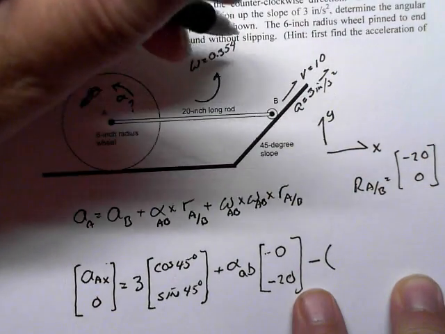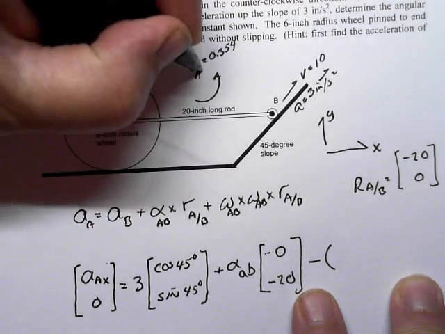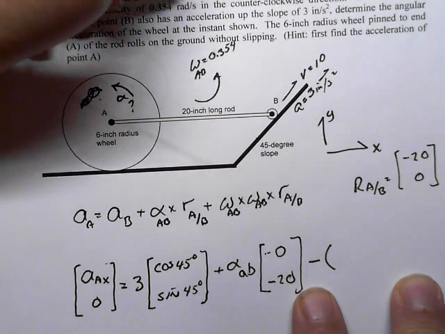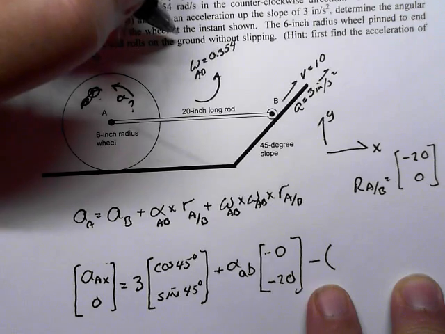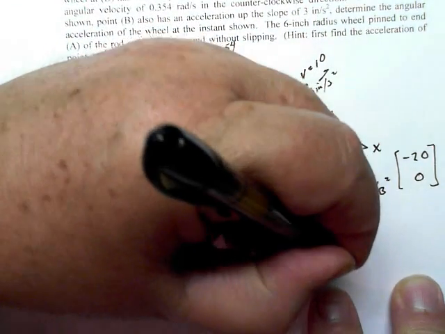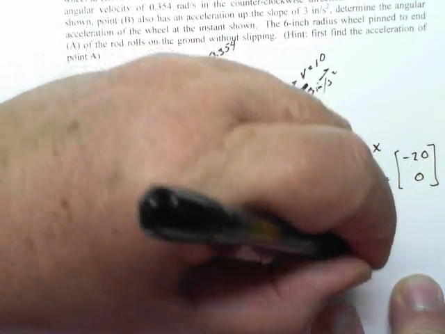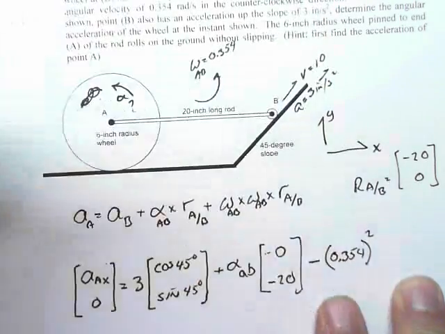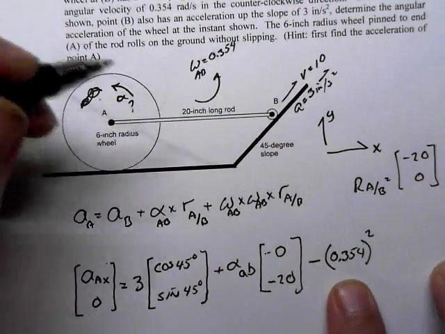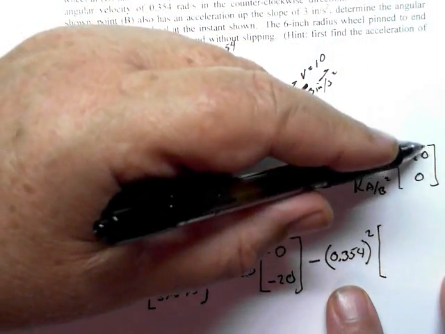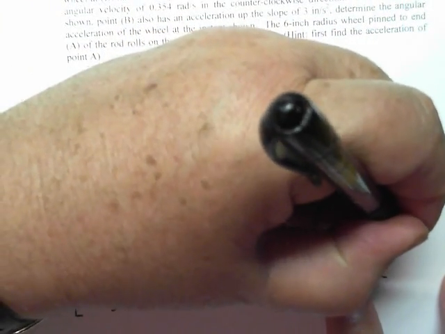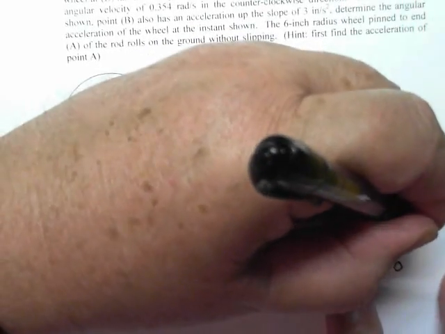That was given to us. Let's label this as omega AB, is equal to a positive 0.354, so minus omega squared times R of A with respect to B, no flip-flop, minus 20 and 0.